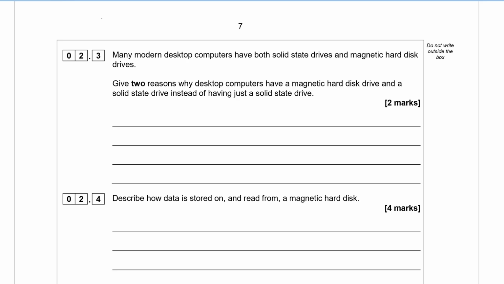But SSDs being faster is not that relevant because it does say you could just have an SSD. So why do people compromise and have a hard disk drive? Well, because they're cheaper. So hard drives are cheaper per gigabyte, right? It obviously is relative based on the size. And again, this is a give question, similar to state, so we haven't got to explain this, but you could explain that obviously things being cheaper is a good thing, so you could have more capacity.